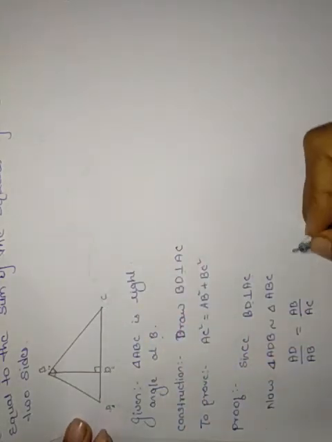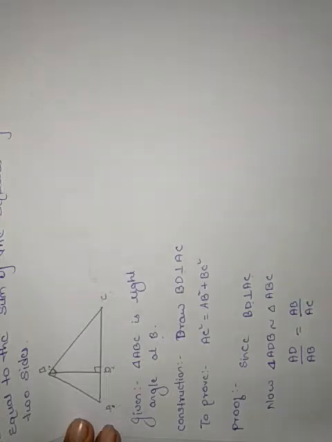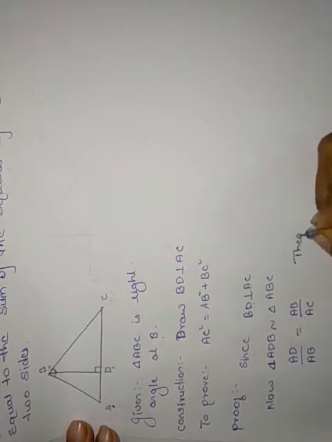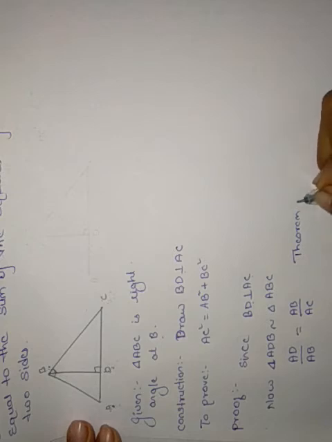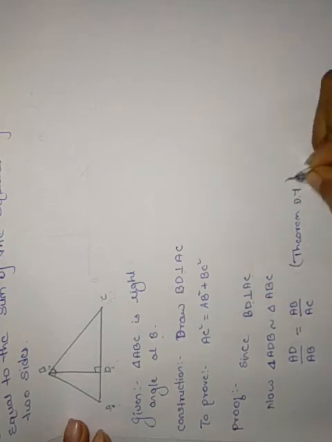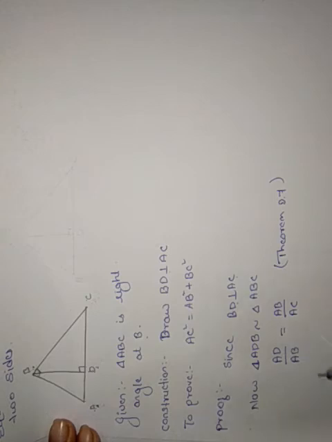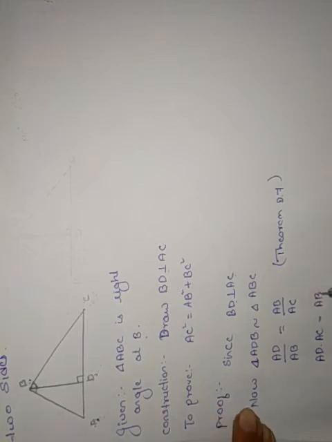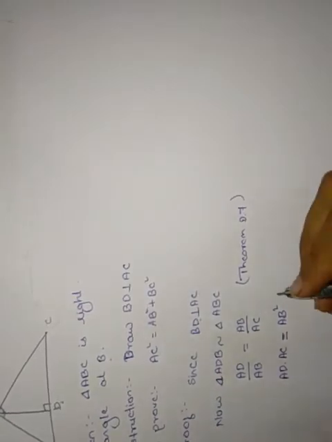This is possible because I stated one theorem before, isn't it? By that theorem, theorem 2.7, it is true. Now we'll cross multiply the obtained ratios of the corresponding sides. We'll get AD into AC is equal to AB whole square, right? Now we'll call this equation 1.